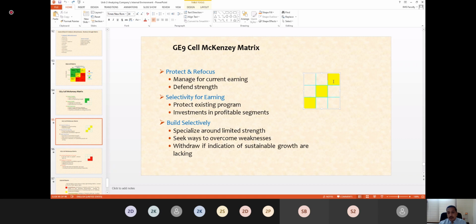If there are good opportunities in future, and if we can build some strengths to take the benefit of those opportunities, then we can definitely nurture those businesses. So that is about these three yellow groups of segments.